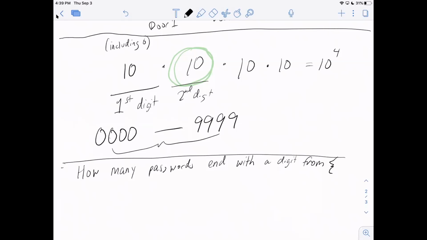They're either 3 or 7. You don't know exactly which. So how many 4-digit passwords?